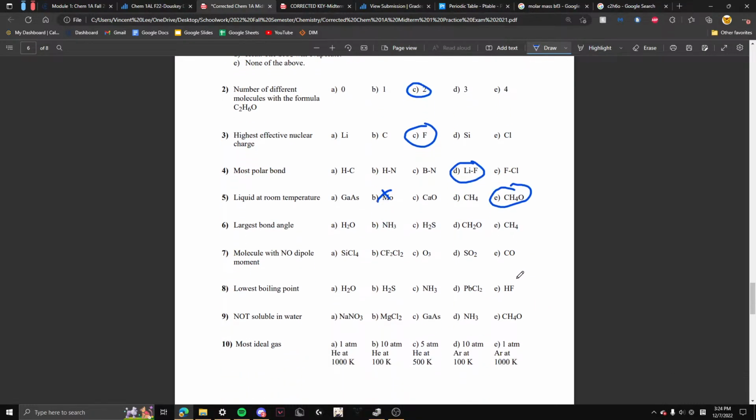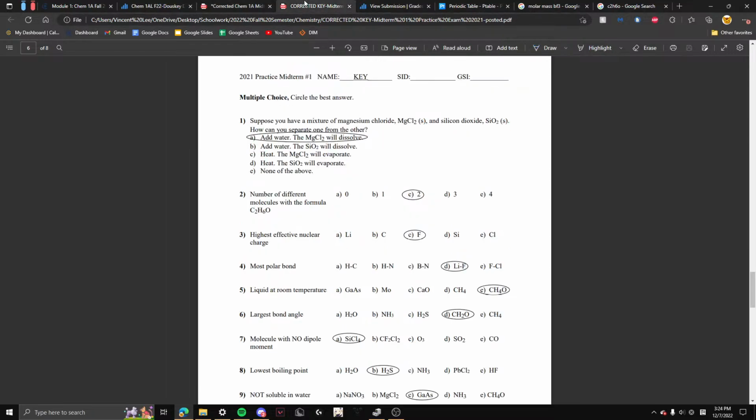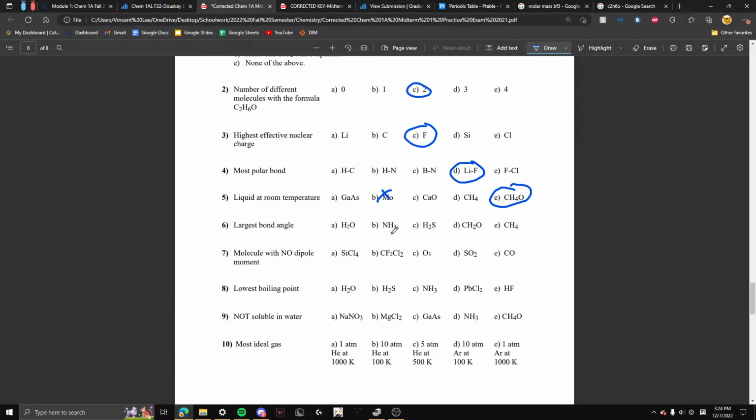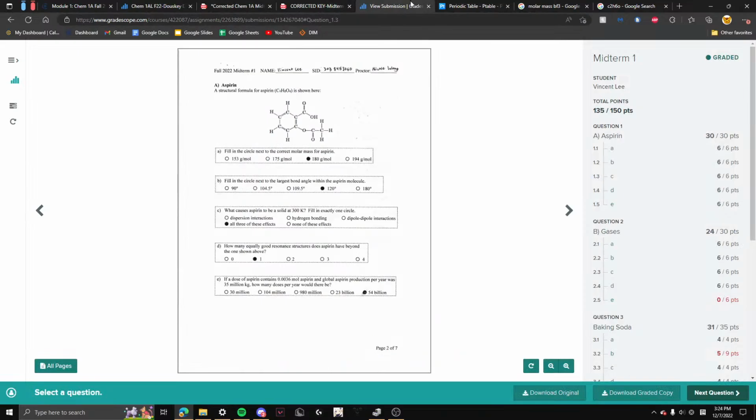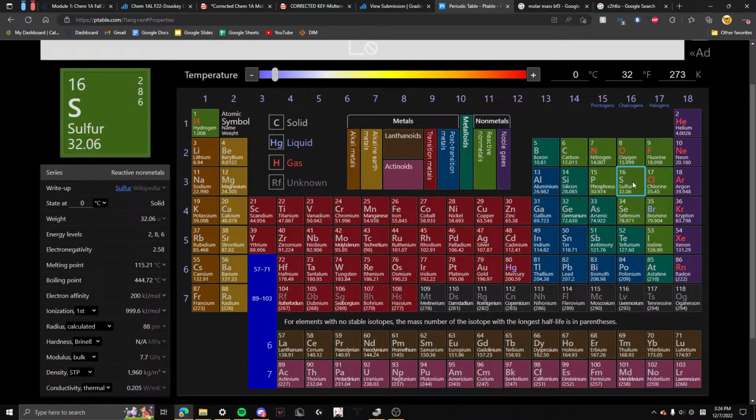Largest bond angle. So if we go through, this is, I believe, bent. So this is like 109.5. This is, I believe, trigonal planar, no, that's NH3, which is trigonal pyramidal, which is, I think, 109.5 or 104? I don't remember. H2S is, that is 1, 2, 3, 4, 5, 6.